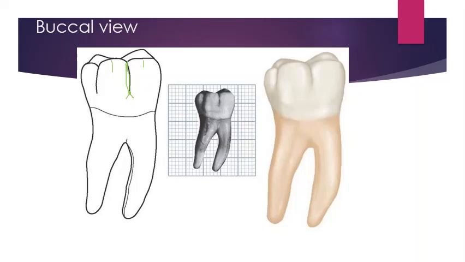And the distobuccal developmental groove also arises from the occlusal surface and travels over the buccal surface. It may end in a pit or simply fade out over the buccal surface.